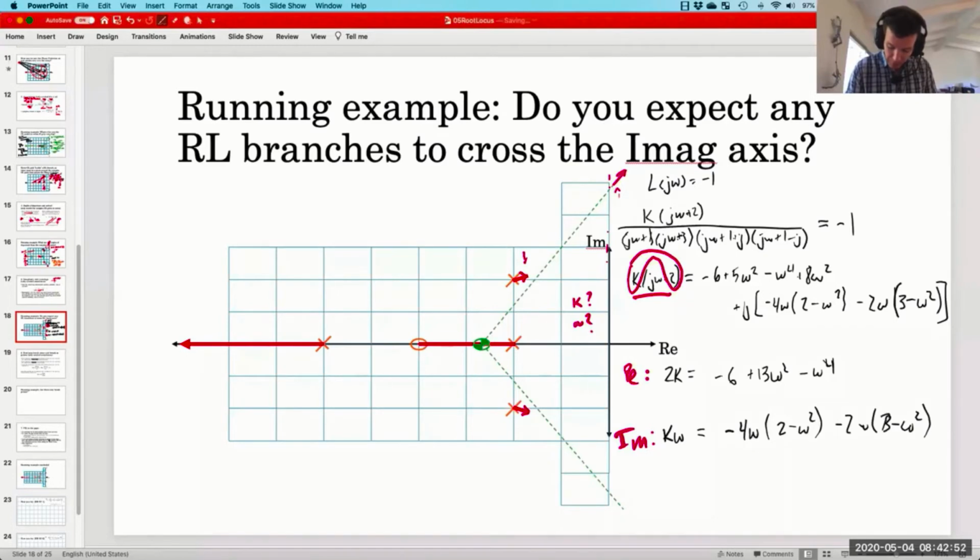That's a 3, and that's an omega. Okay, so all of a sudden, from one equation, we have manufactured two equations, and that's because there's no way that the real parts can help with the imaginary parts and vice versa. So they have to both be satisfied independently. So now we've manufactured two equations with two unknowns.